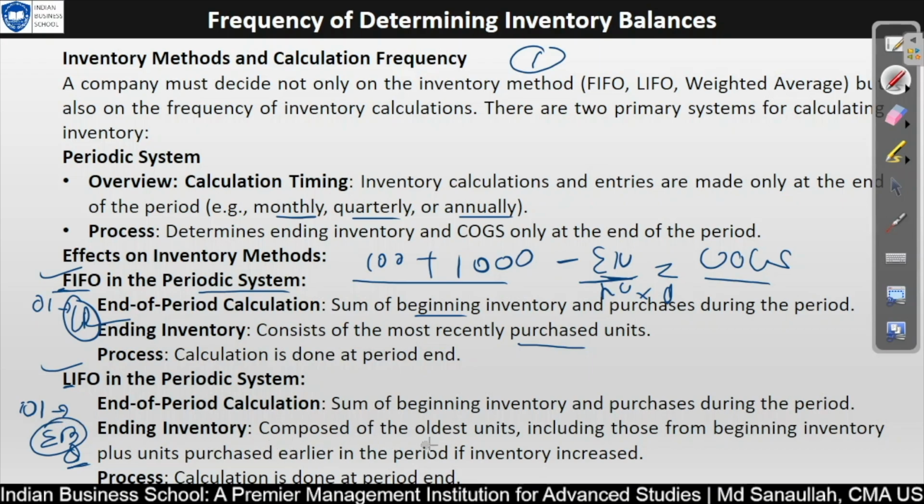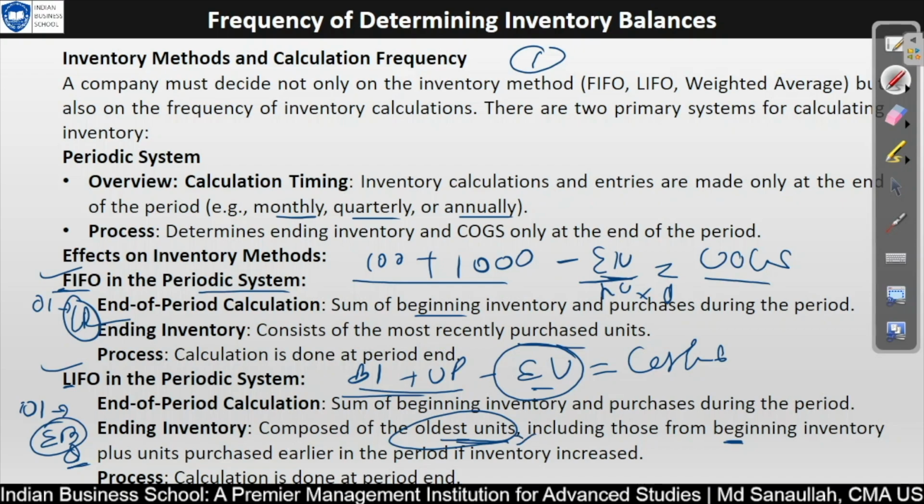As you can see, it is composed of the oldest units: beginning inventory plus unit purchases minus ending inventory is equal to cost of goods sold. So basically this is your total inventory, and for the ending one you calculate using the oldest unit price and multiply by the quantity, then you will get your inventory value, that you will reduce, and you will get your cost of goods. Okay, so this is how the process is working.